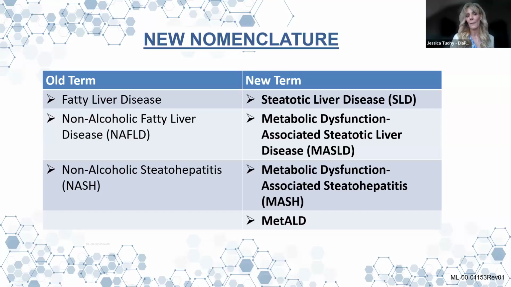MASLD is now metabolic dysfunction-associated steatotic liver disease, a mouthful. NASH is now MASH. And in addition, there is now a new category and a new term, MetALD, and that describes the occurrence of MASLD with significant alcohol consumption.